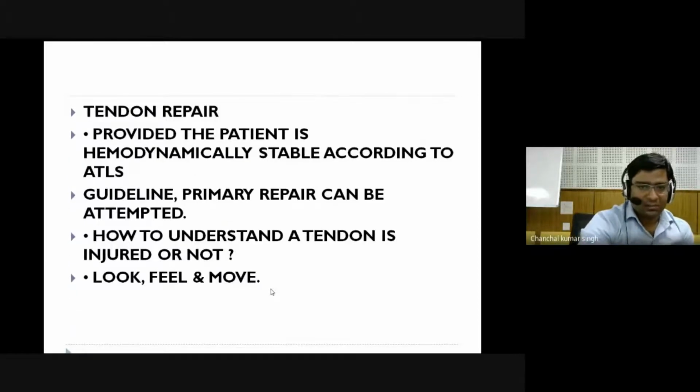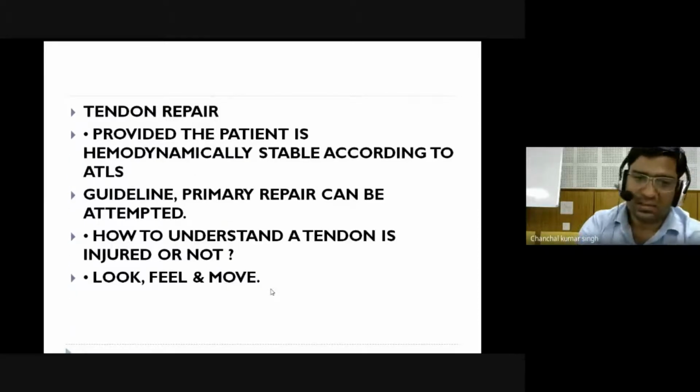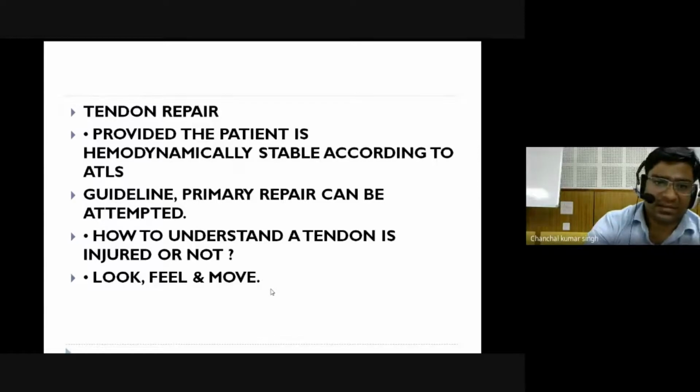After rupture, we have to assess the tendon. So how do we confirm that there is a rupture? There will be signs of inflammation; the patient will come with pain and swelling. This can at times be subtle and may not be very obvious if there is a partial rupture, or just a stretching, which constitutes a grade 3 sprain.